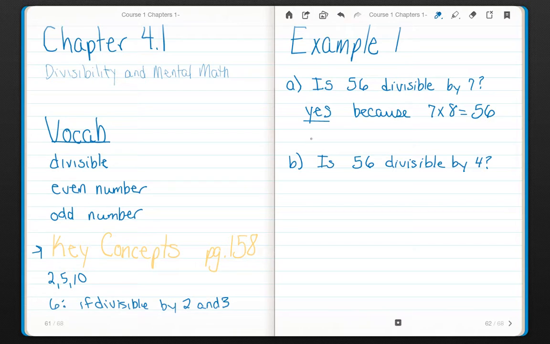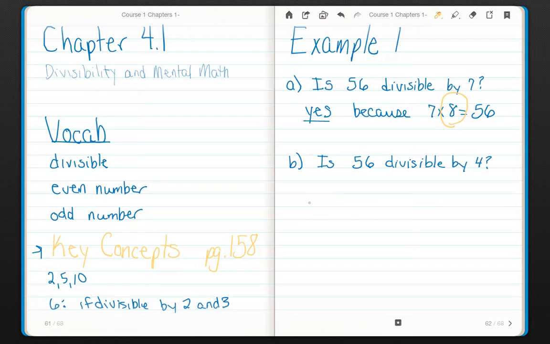Okay, basic math fact. B, is 56 divisible by 4? Well, in our basic math facts, we only go up to 4 times 12, which is 48. So I'm not entirely sure, but I know from problem A that 56 is divisible by 8.